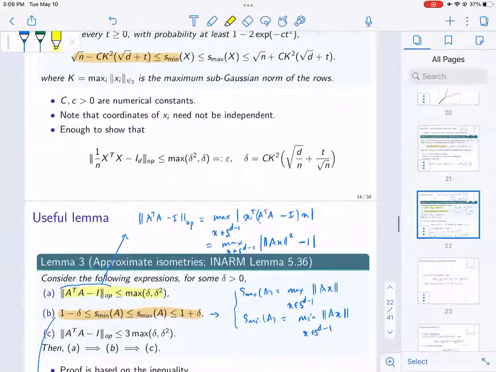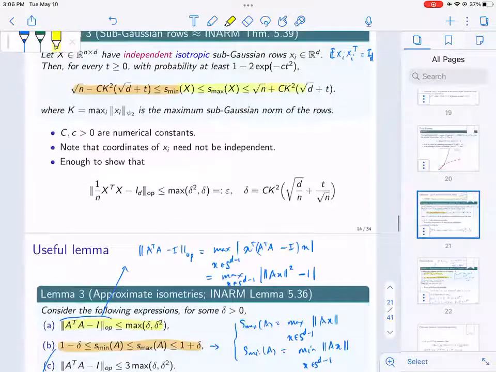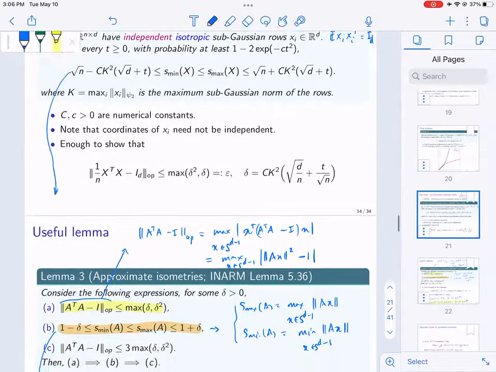So if you believe that inequality, if I want to show something like that, what this is saying is basically that if you want to prove something like this, you divide by 1 over root n, so you get 1 minus C K squared root t over n plus t over root n less than s min of X over root n.